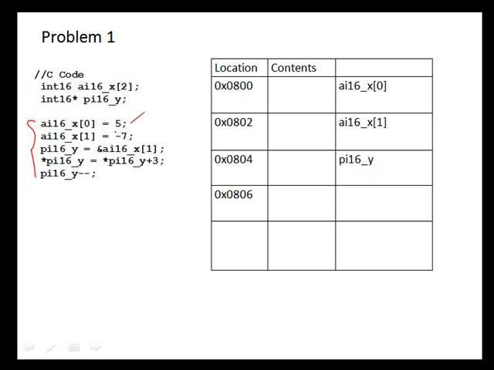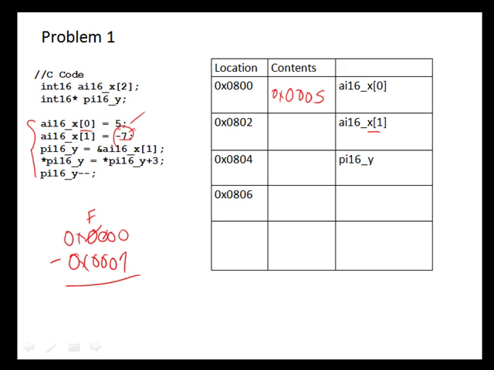This first statement here is going to assign 5 to x of 0. So that means that these contents here is going to be 0005. The next one is going to assign a negative 7 to x of 1. We need to determine the hex value of this. First of all, the magnitude 7 is going to be the value 0007. We need to subtract that from 0 because this is a negative number. So during the subtraction, we're borrowing across 0.